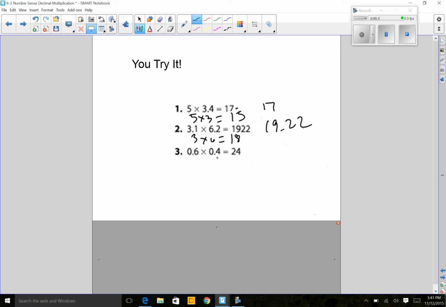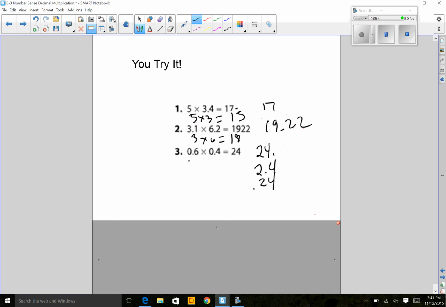Okay, this is the tough one: 6/10 times 4/10. Does it make sense that 6/10 of 4/10, so less than one of less than one, would be 24? Doesn't make sense.